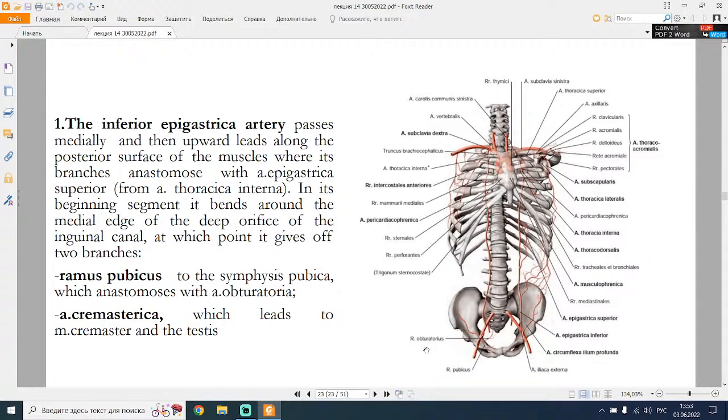Ramus pubicus goes to the symphysis pubica, where it anastomoses with arteria obturatoria. Arteria cremasterica leads to musculus cremaster and the testes.